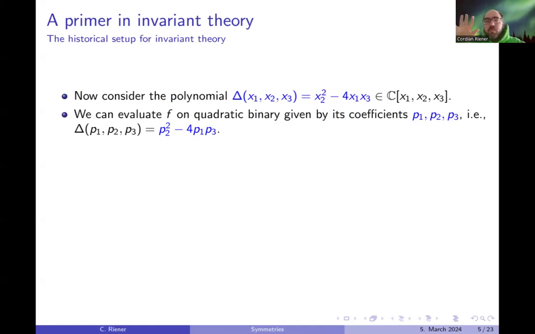And then I have another polynomial, delta, and in delta, I plug in the coefficients of my original polynomial. Okay, so there are a little bit too many polynomials going around, but I hope you bear with me for a moment. So if I do this, I evaluate delta at the coefficients of a binary form. I just plug it in. I get the second coefficient squared minus 4 times the first coefficient P1 times the last coefficient P3.